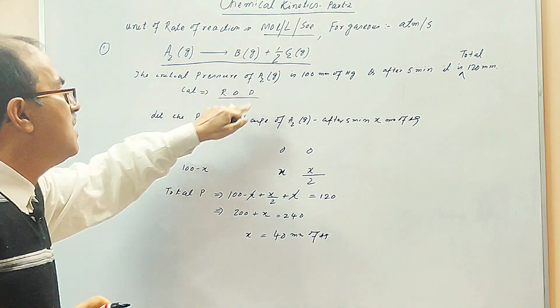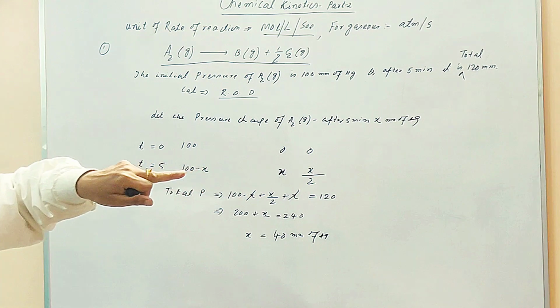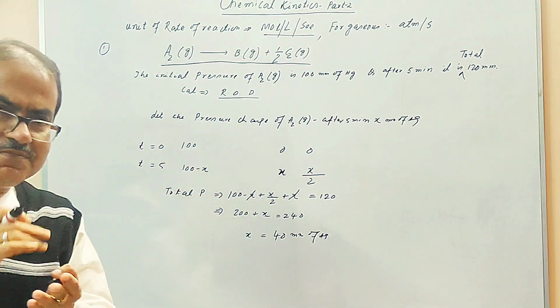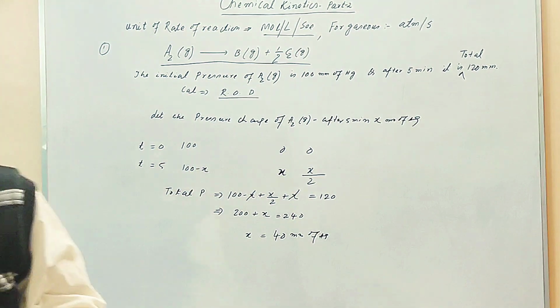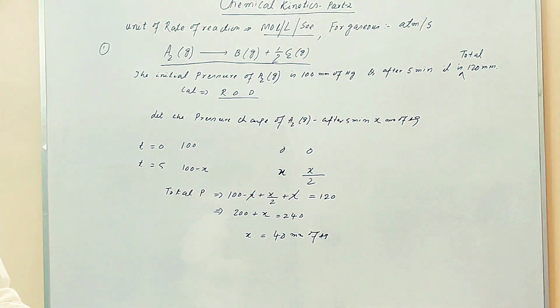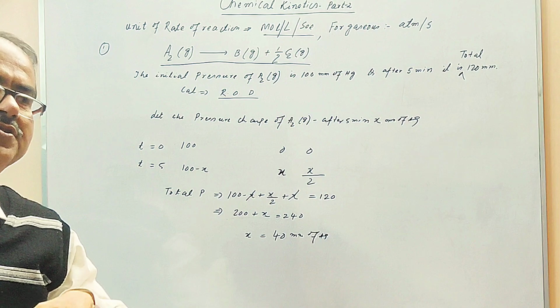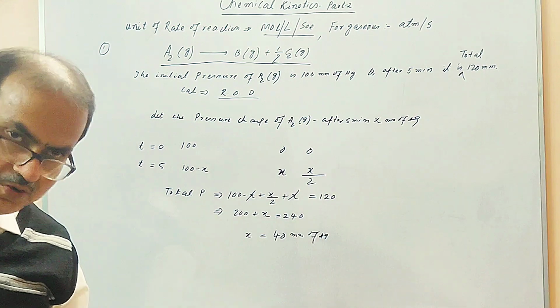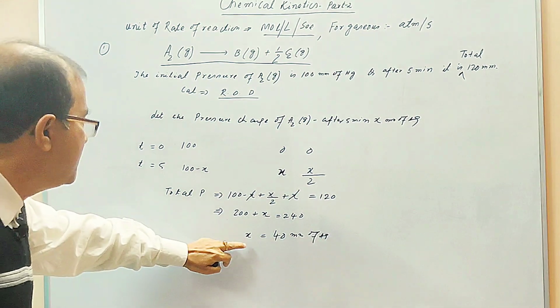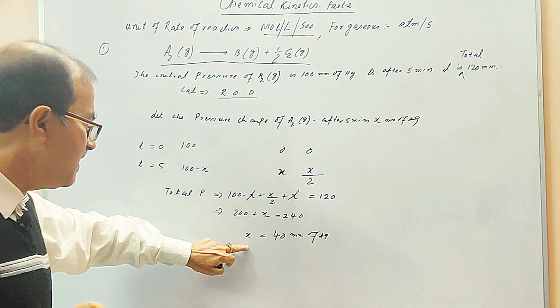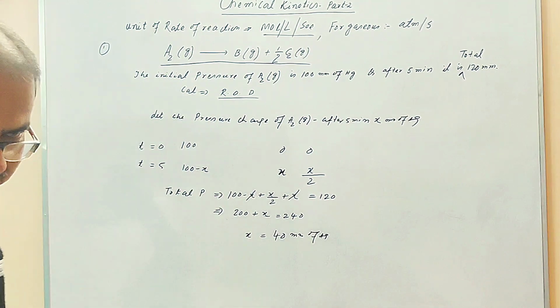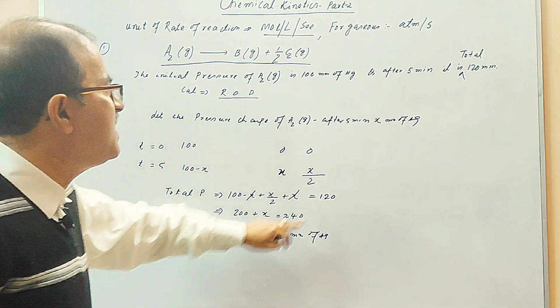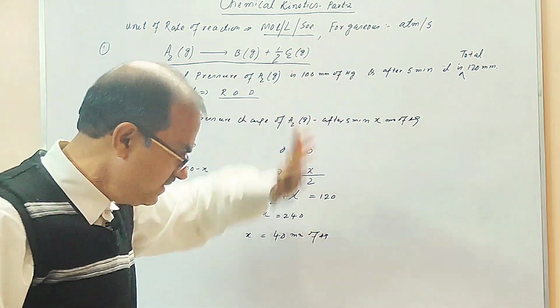So what will the rate of disappearance be? Concentration is directly proportional to pressure. If the concentration is high, the pressure will be high. If the concentration is low, then the pressure will be low. So accordingly we get dP at the time of these 5 minutes.